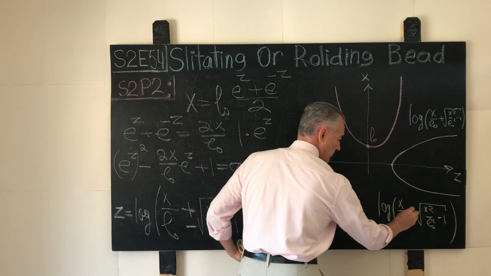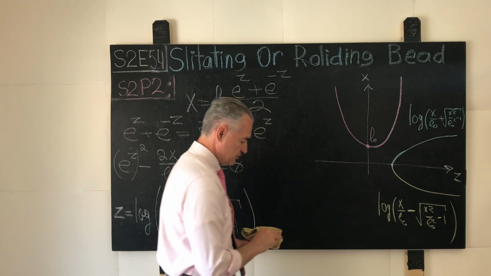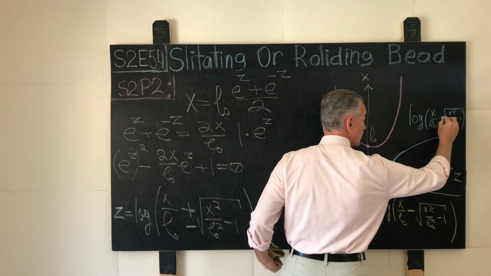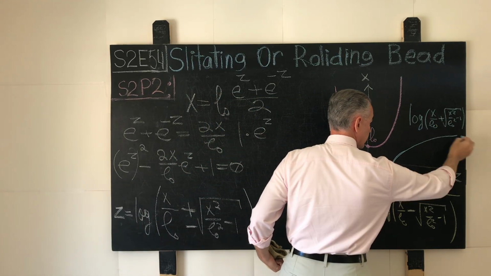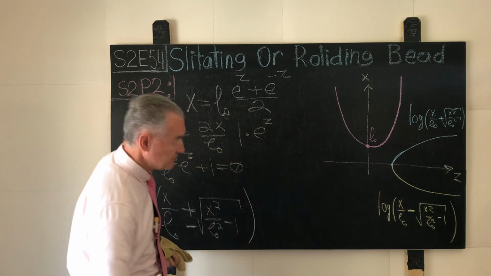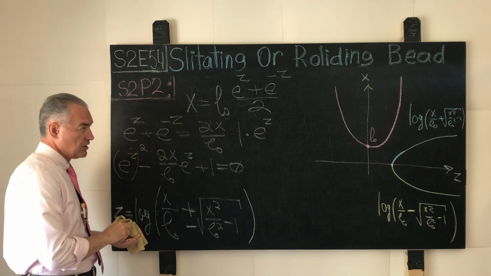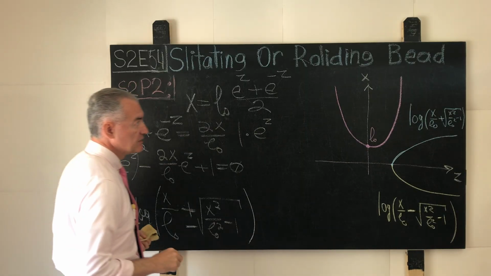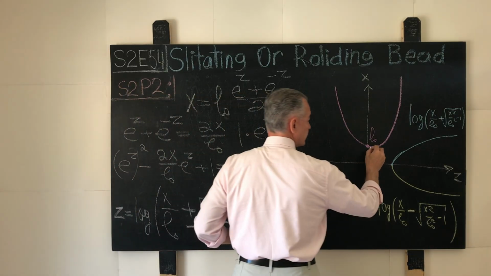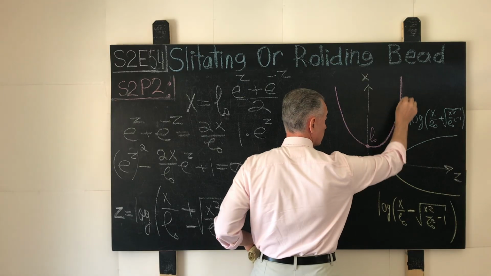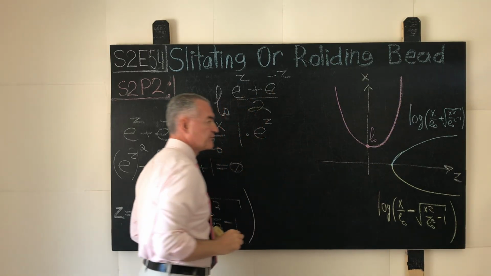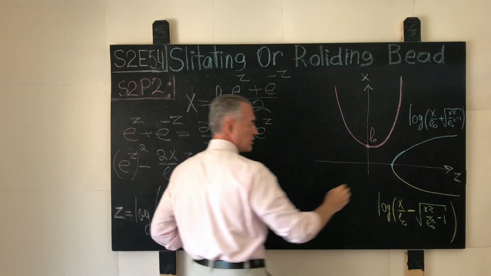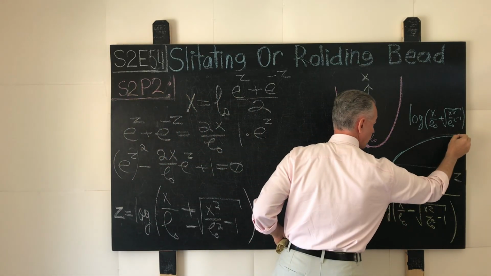You see, minus for this branch, and plus for this branch. This is how things work. But what is going on in our case? In our case, x varies this way, which corresponds to this branch over here.